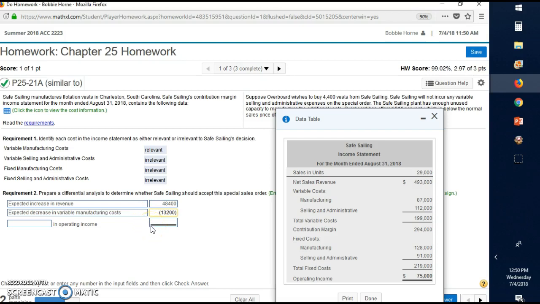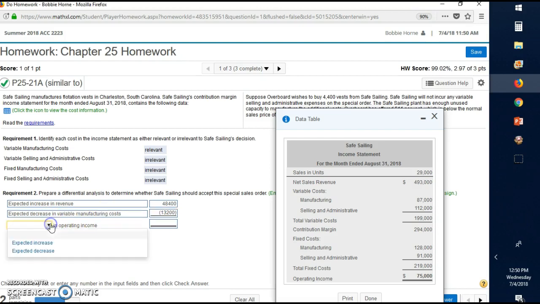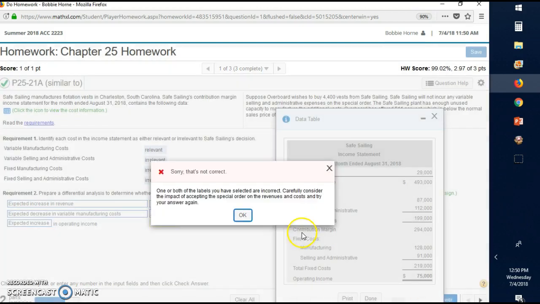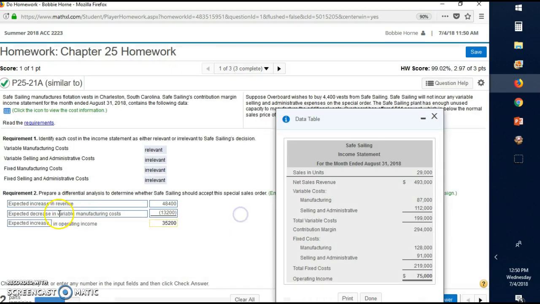So if you take 48,400 and subtract out 13,200, you would have an increase. If this is positive, we're going to have an increase of 35,200 in operating income.